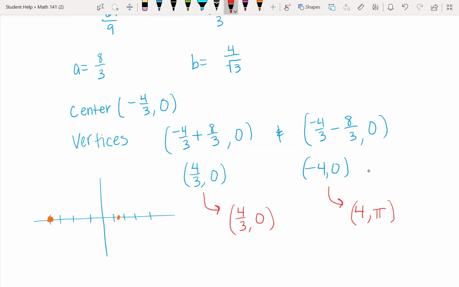Over here, the angle is pi, and we're moving 4 in that direction, so that negative number goes away. These two vertices match with what we found when we did the same problem in polar, and it was a lot less work. So that's the benefit of using polar rather than rectangular.